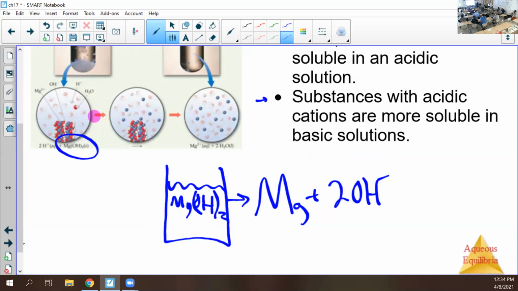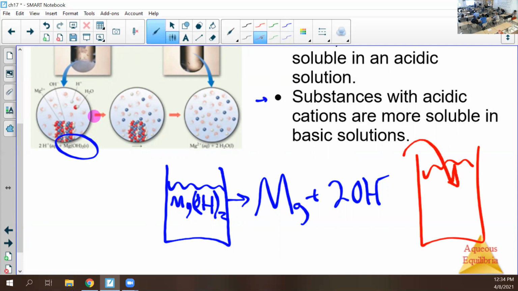This is all about Le Chatelier's principle. We come back to it very often. If you have your solution and you want to dissolve this in it, the things that you can do to make this side be formed instead of that side is I can remove OH minus. If I take away OH minus, more of this breaks apart, because if I take away, I stay.